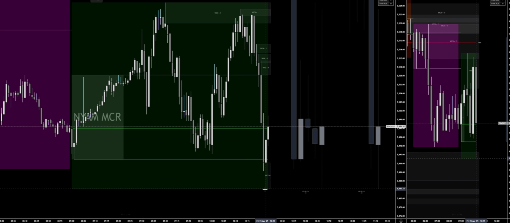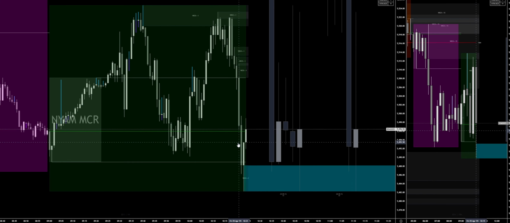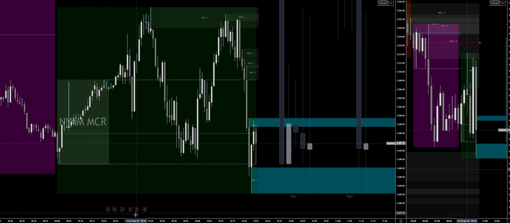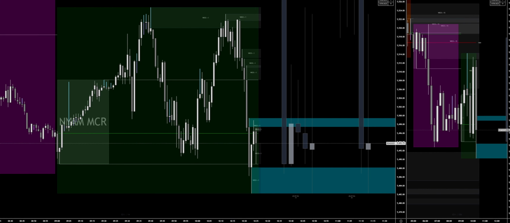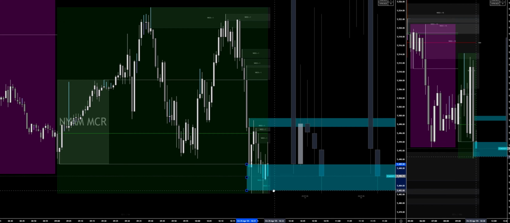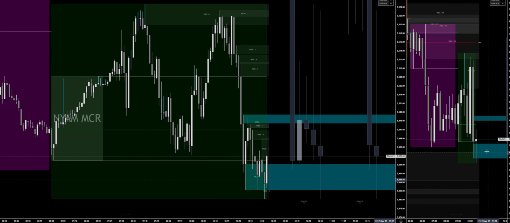So we have a wick at the low. We do not have a wick right here, but we have price rejecting at the same candle. So until we go above that, I don't think we're going to go bullish yet. We still do not have a 15-minute closure below that previous profile.